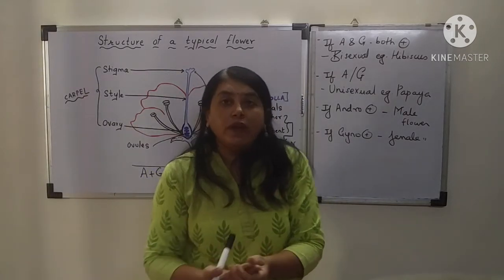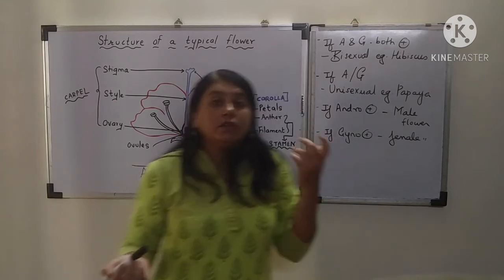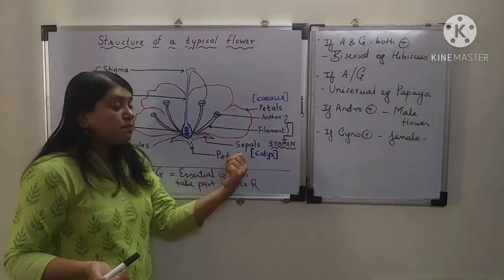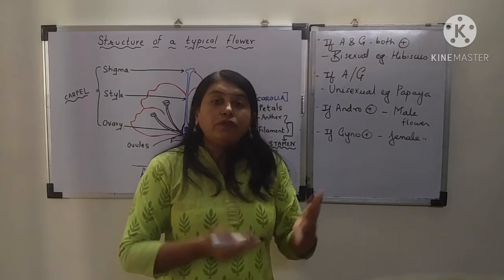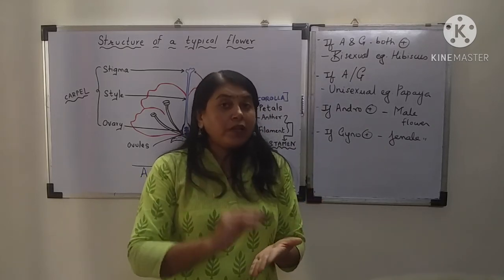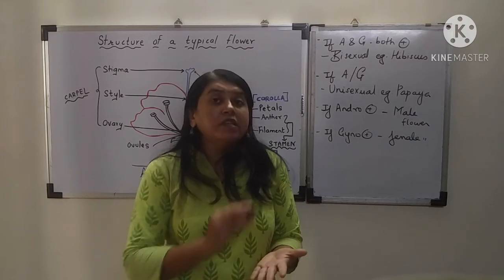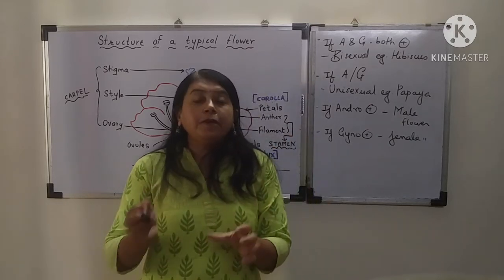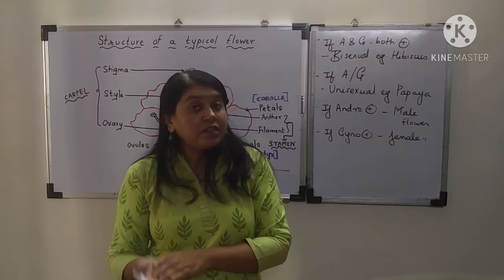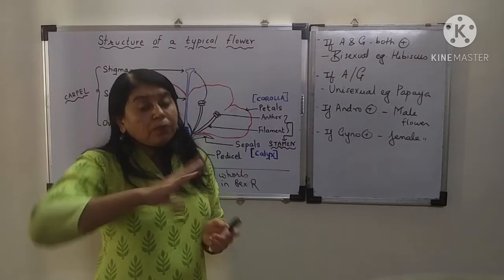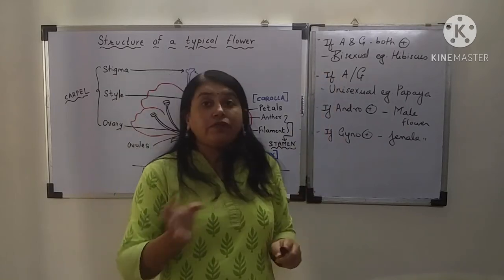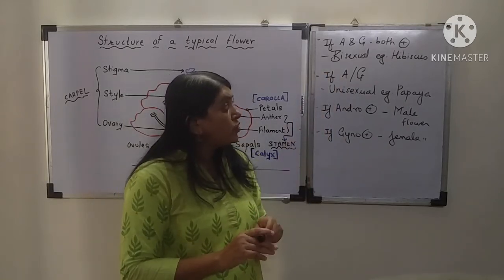The four whorls of the flower. First you will say the flower with a stalk is called pedicellate, without the stalk it is called sessile. Four whorls of the flower: calyx, corolla, androecium, gynoecium. Their individual members. Calyx and corolla are accessory whorls. Androecium and gynoecium are essential whorls. If the flower has both the whorls, it is bisexual. If having only one whorl, it is unisexual.